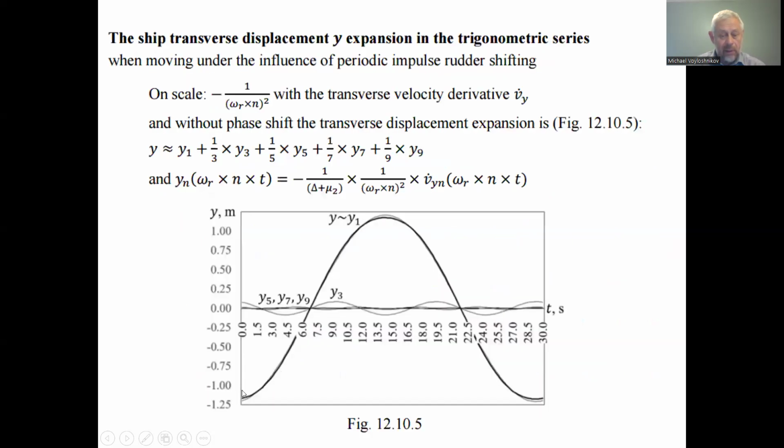And having this formula, we can find the factors of the expansion of these terms into the total of the Fourier series. We have the diagram: the bold solid line is the total, and the terms of the expansion, the thin solid lines, designated y5, y7, y9, etc., are the terms of the expansion of the translational displacement into the Fourier series.